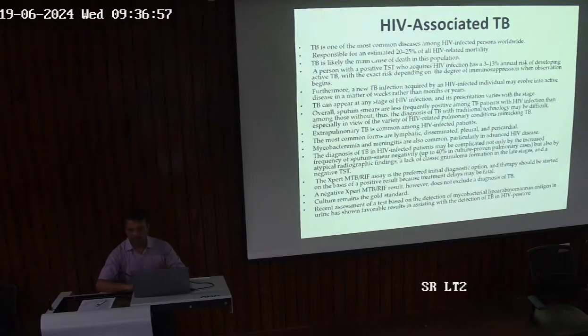When this immunity decreases due to HIV, there is reactivation of the disease. As the immunity decreases, there are very low chances of healing by treatment, and generally these bacteria are multi-drug resistant.